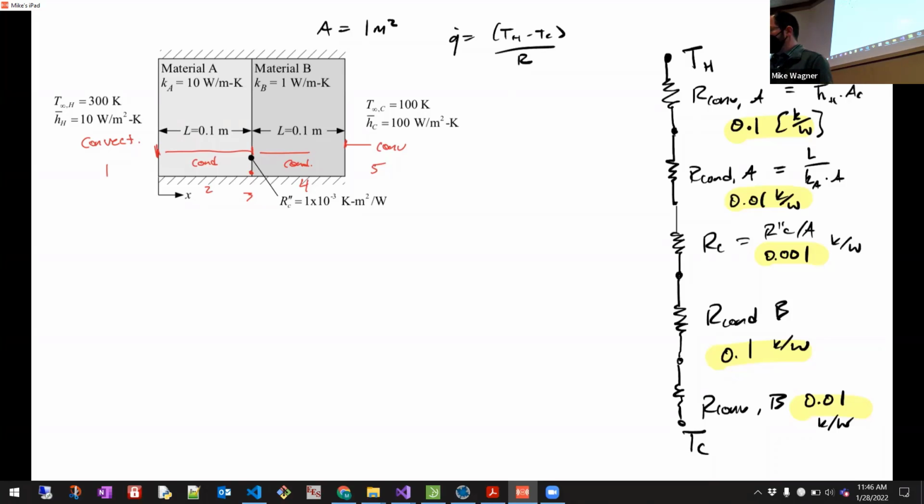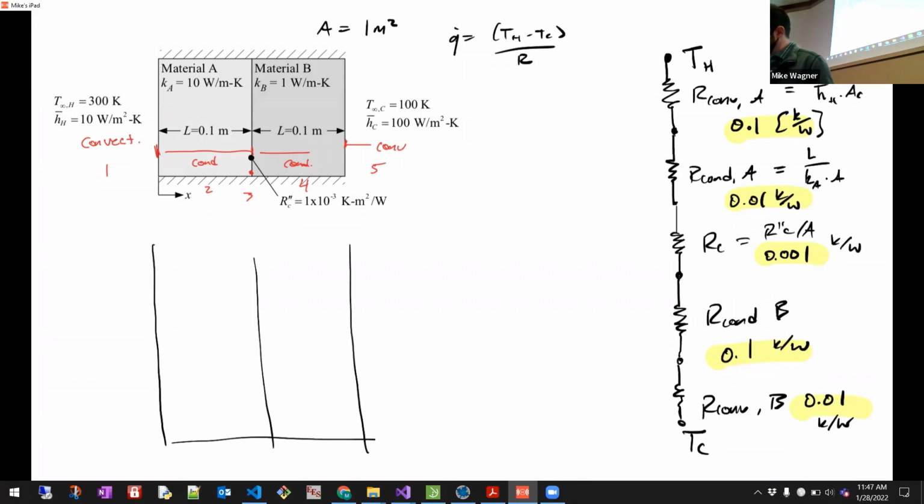And in fact, if we were to try to sketch this out, I have temperature as a function of position, call that X. I can pretty accurately sketch out what I think this is going to look like without doing any further analysis than this.